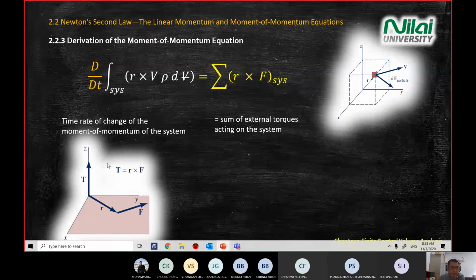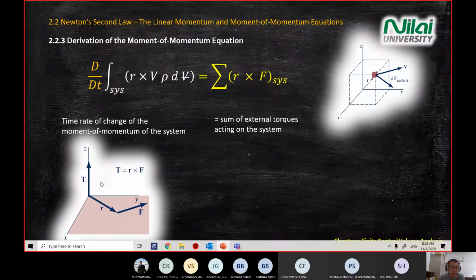In mathematical form, we write torque equals r cross F, and we have a direction, because when you multiply these two, it becomes another vector, in this case a torque, a moment, and our torque has a direction and also a magnitude.